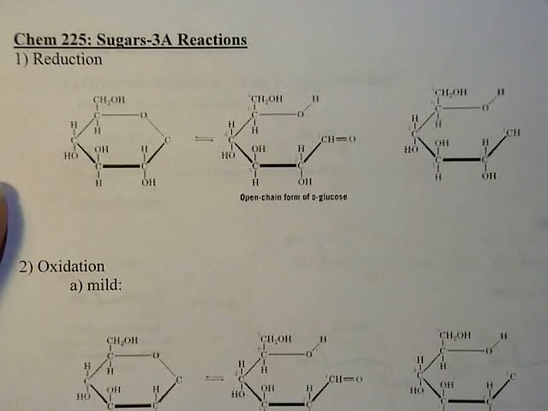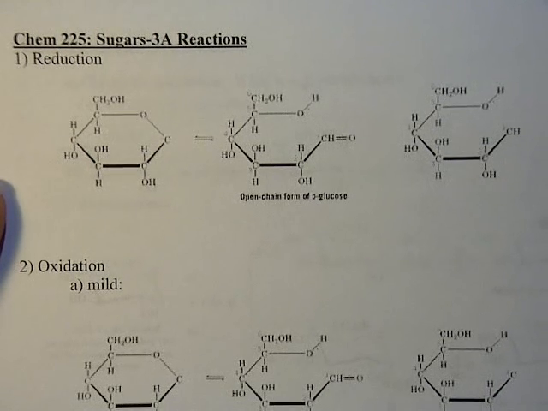All right. So monosaccharides behave as simple alcohols and carbonyls in much of their chemistry. So for example, aldehydes and aldoses can be reduced to alcohols when subjected to a reducing agent, for example, sodium borohydride.